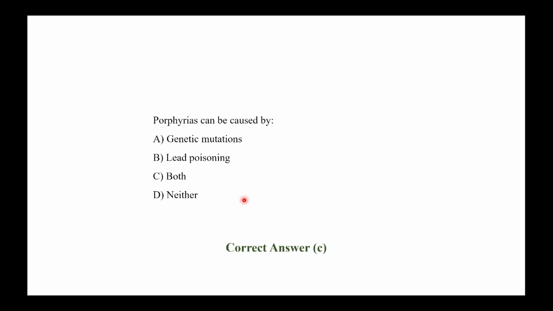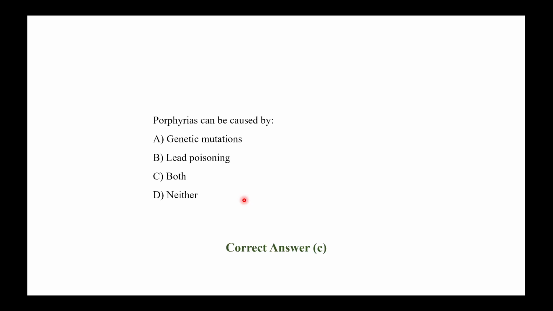So a defect in the heme synthesis could be due to genetic reasons, that there is some defect in the genes that are coding for the enzymes present in the heme synthesis, or lead poisoning. If you remember, we saw in one of the previous questions that lead poisoning could cause inhibition of ferrochelatase as well as ALA dehydratase, right?